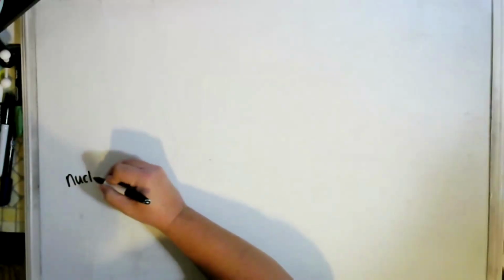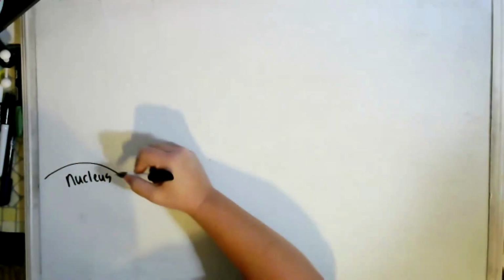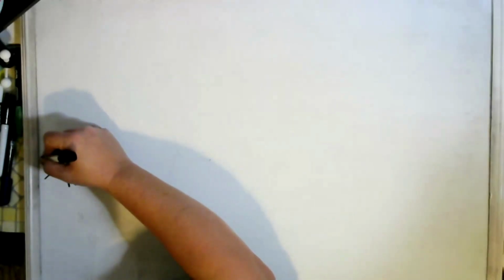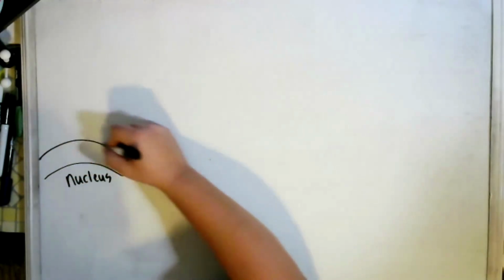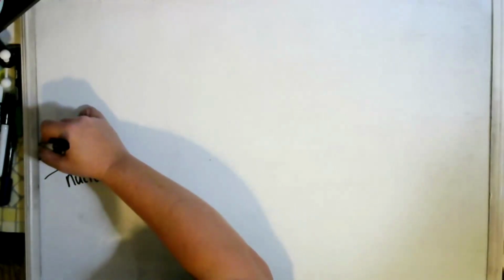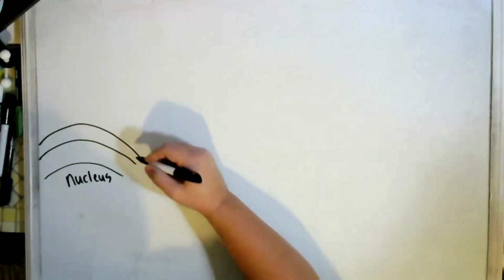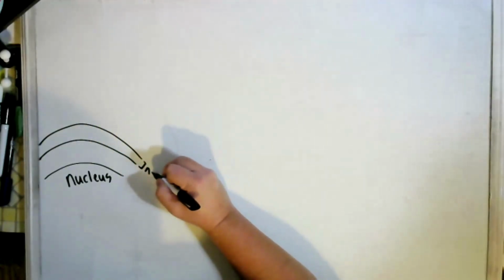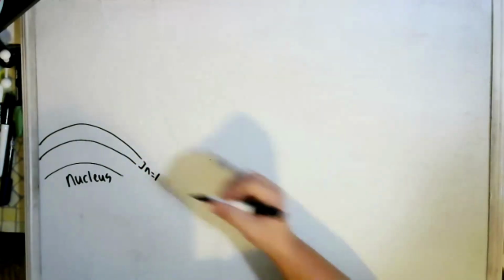Kind of like what we did on the board when we were talking about this initially. So you have your nucleus, then there's some empty space. And then we're going to have our first energy level, okay? So this is going to be n equals 1.